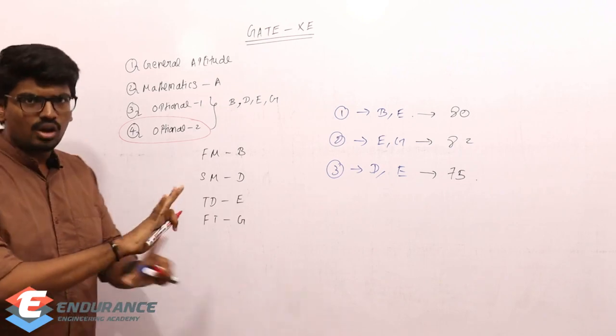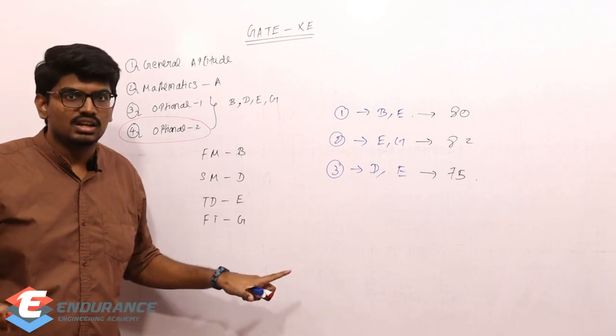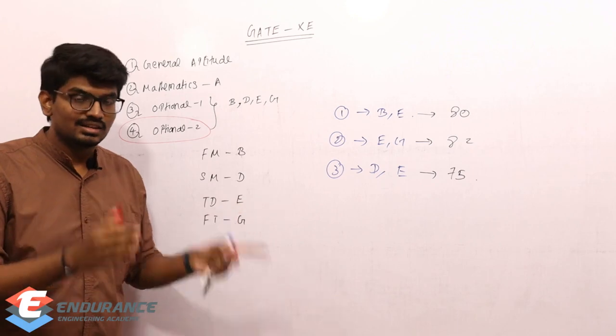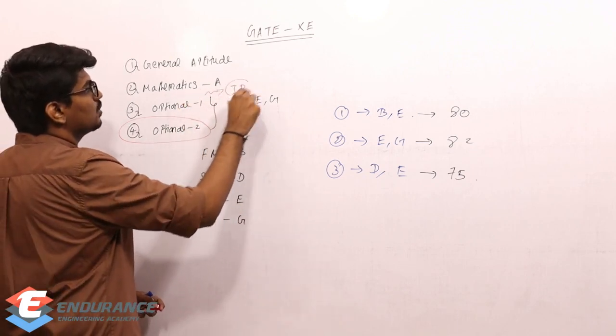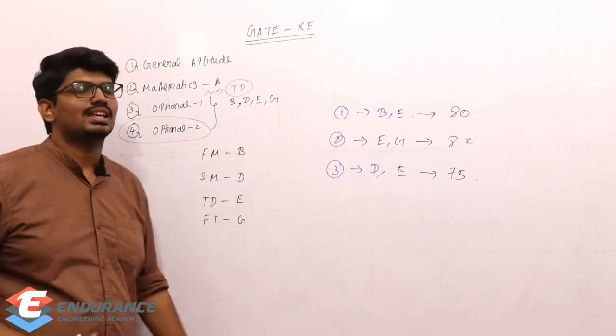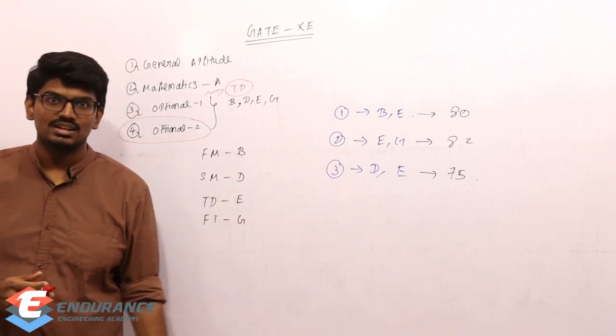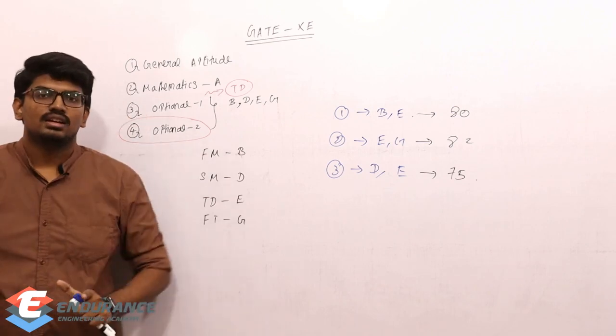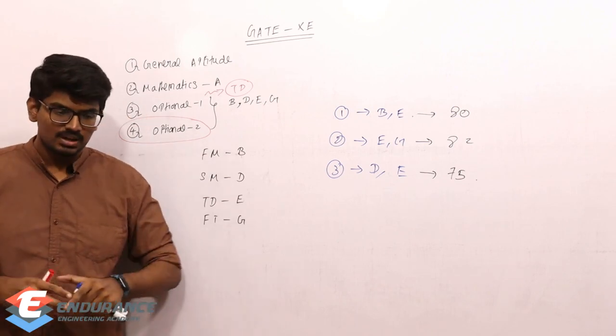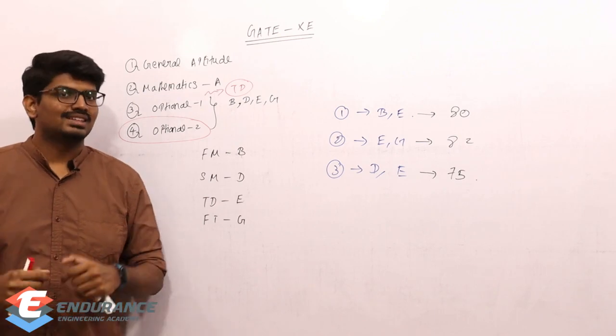Because the majority of the students, as I said, 90% of the students, will select thermo as option 1. I am guaranteeing there is a hidden reason behind it also. So the majority out of 100 will be selecting thermo as their option 1. But for option 2, there are different students.